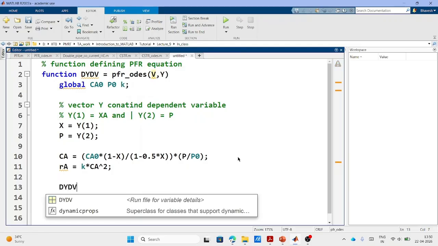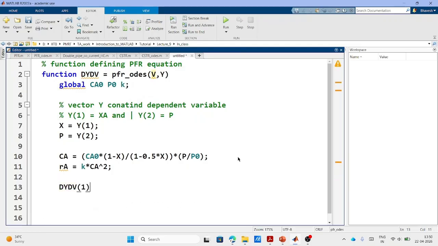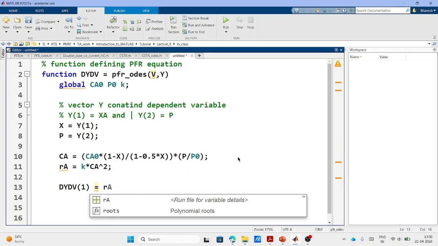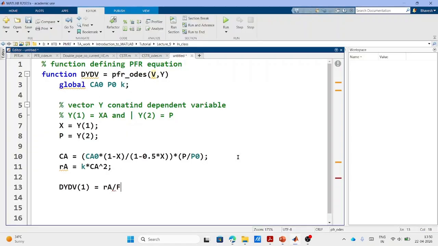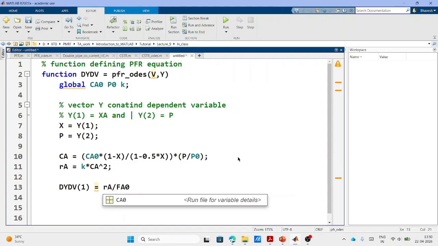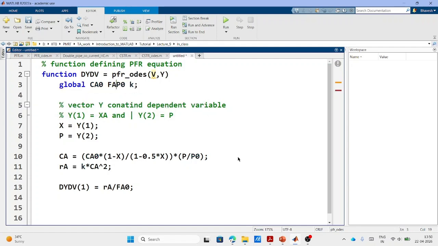Now, my dy by dv, its first component will be the rate of reaction divided by F is 0. So F is 0 is also one variable that I have to keep. So I will write it as F is 0.